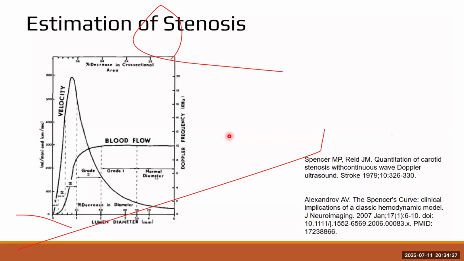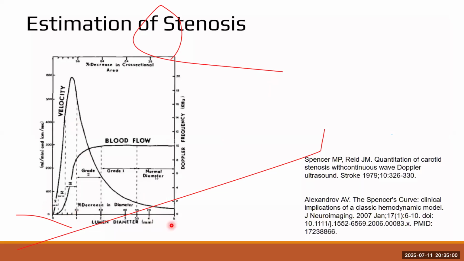So to define the velocity in correlation with the blood flows, this is one such curve, what's called the Spencer-Reid curve, which all of us doing transcranial Doppler have to remember. This is a graph of lumen diameter, blood flow, and the velocities. As the lumen diameter reduces, we can see here 20, 30, 40, 60, 80, 90, and 0. This is complete obstruction.